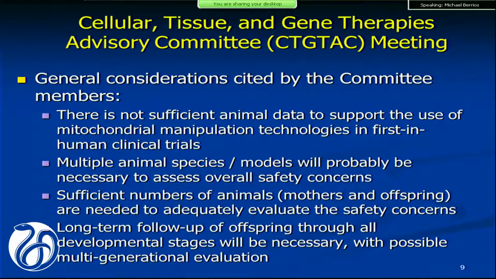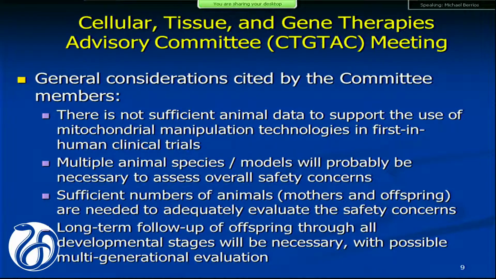This slide highlights some general considerations cited by the committee members. There is not sufficient animal data to support the use of mitochondrial manipulation technologies in first-in-human clinical trials. The committee members recommended continuing in vitro studies, and also studies in animals.